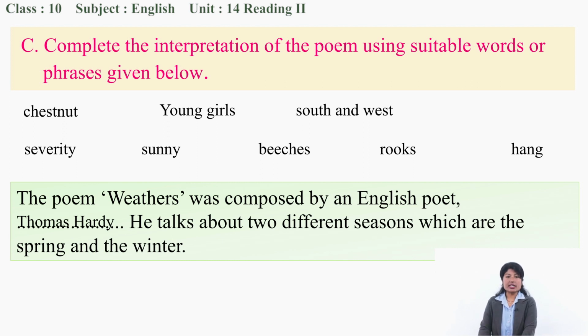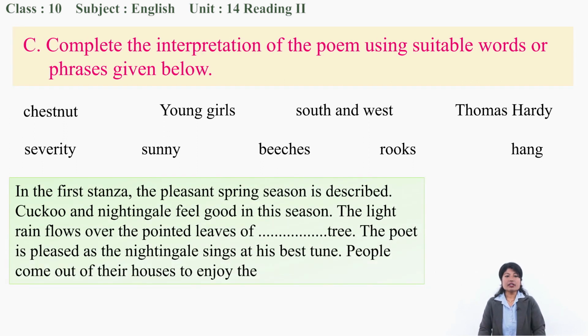Let's continue. In the first stanza, the pleasant spring season is described. Cuckoo and nightingale feel good in this season. The light rain flows over the pointed leaves of which tree? Okay, so the tree name is? Yes, chestnut. Chestnut tree.